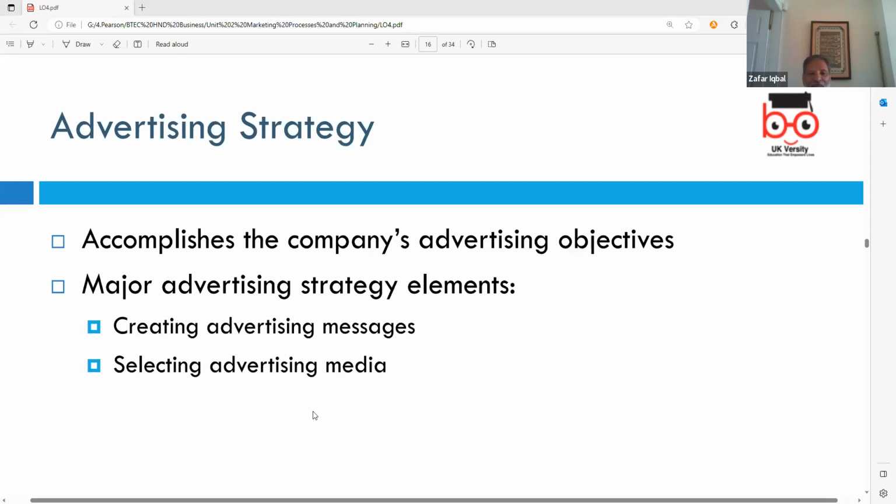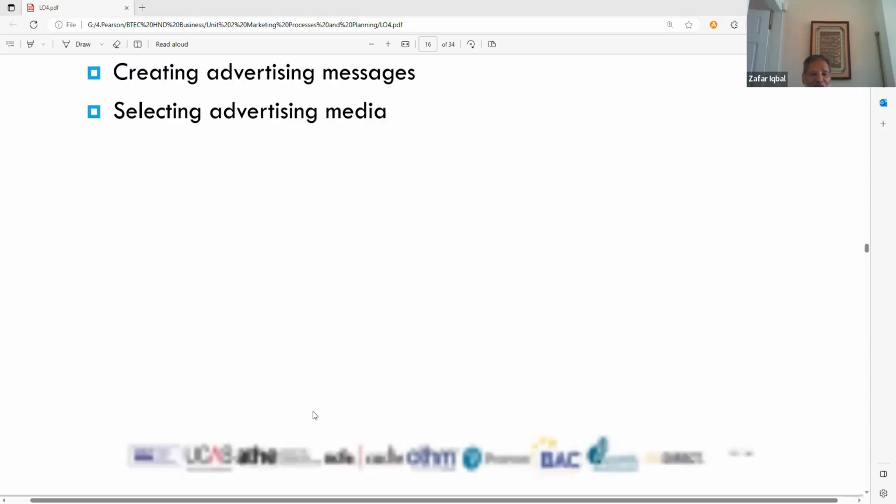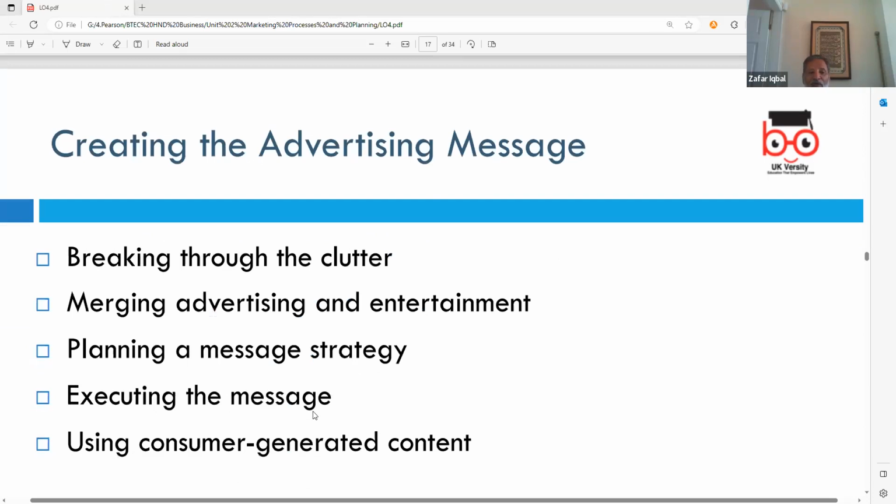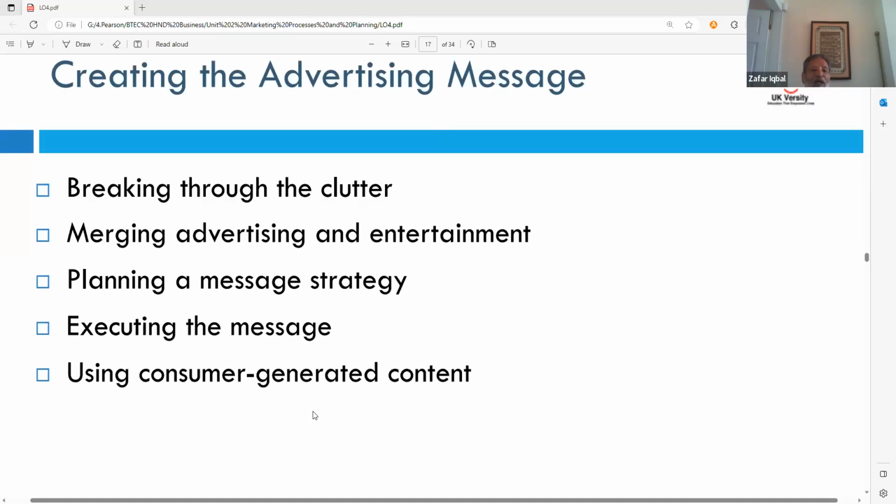You need to create the message that you're going to get through to the public, and make sure that the message creates a breakthrough in the clutter of other messages, and that it's used rightly for the right type of people, making sure that the advertising campaign is planned and gets the message across.